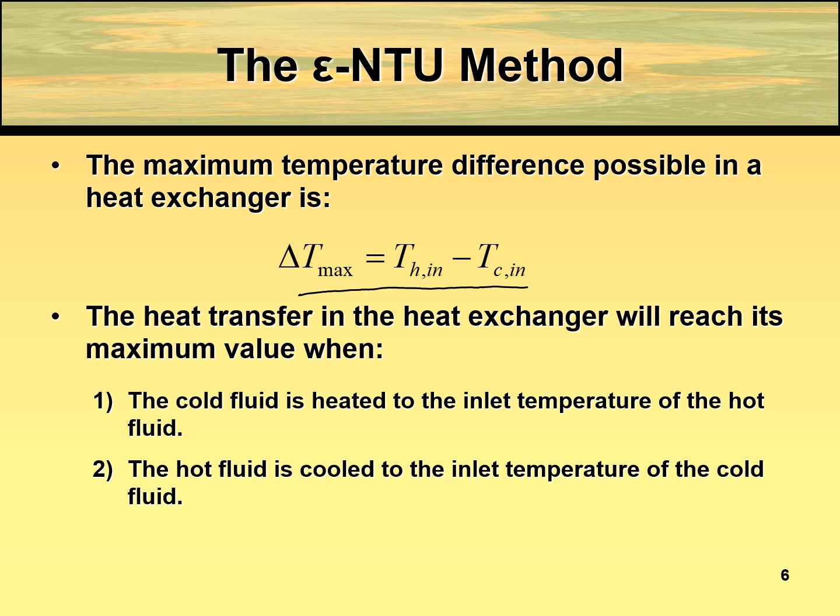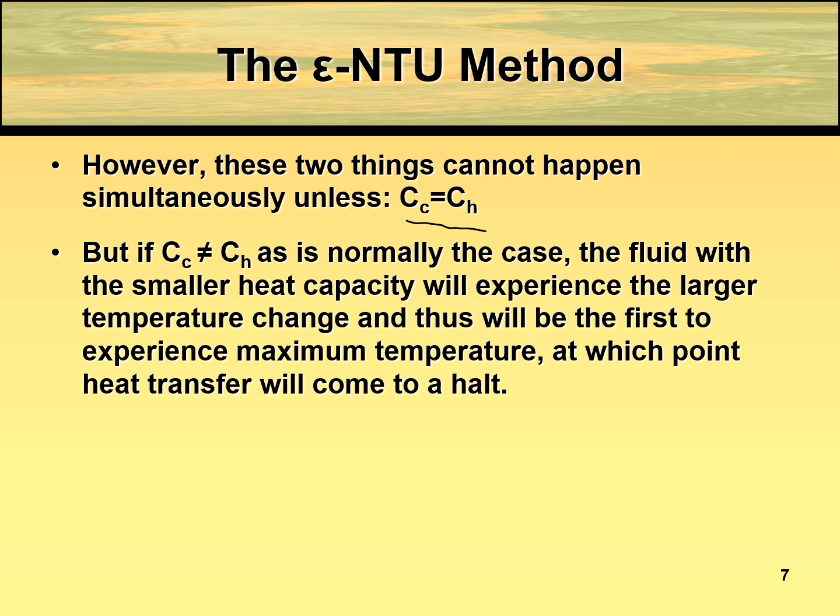The maximum Q max is evaluated by the delta T maximum, based on the temperature difference of the hot in and cold in. However, the heat capacity for the cold flow cannot be equal to the heat capacity for the hot flow.